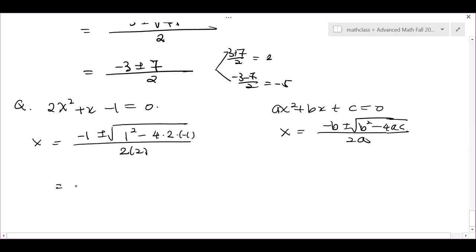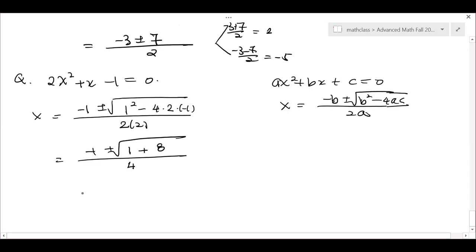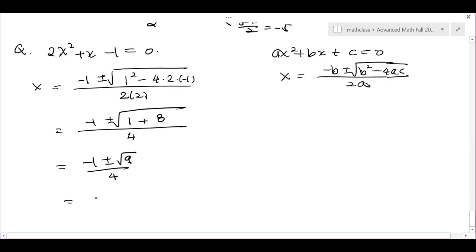Now you simplify it: 1 plus 8, and here's 4. All right, so you will get negative 1 plus or minus the square root of 9, divided by 4. And the square root of 9 is going to be 3.